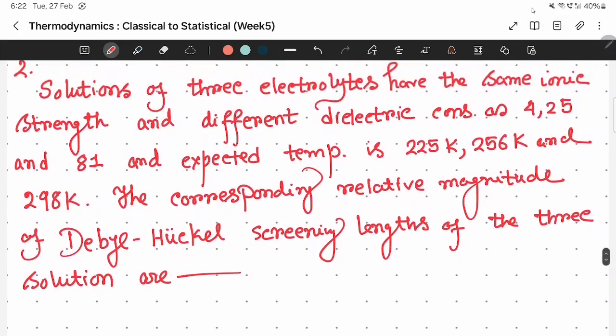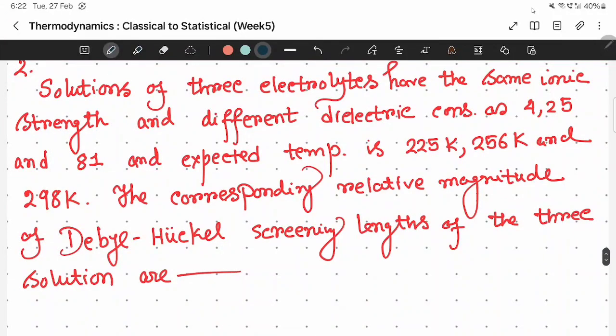Okay. So solutions of three electrolytes are given, with the same ionic strength and different dielectric constants: for the three solutions, dielectric constants of 4, 25, and 81. And temperature is also given. For the first solution, it is 225 Kelvin, for the second solution it is 256 Kelvin, and for the third solution it is 298 Kelvin.